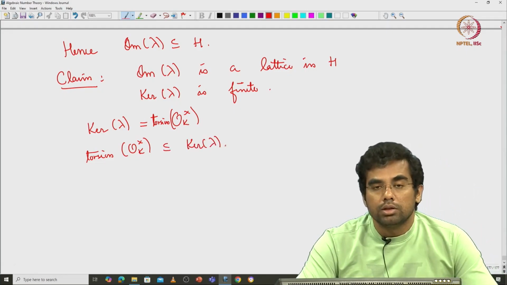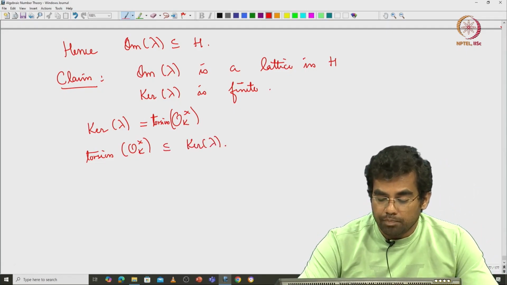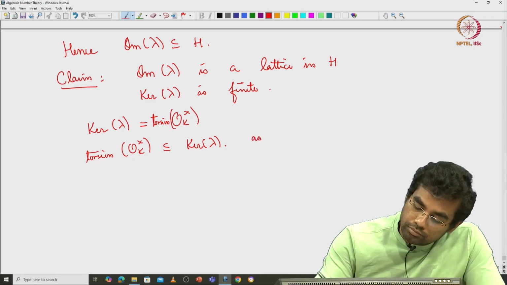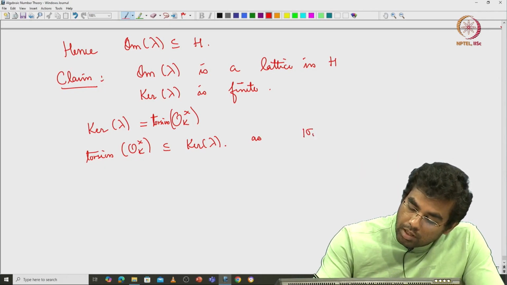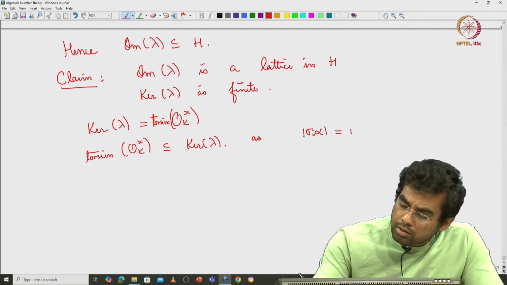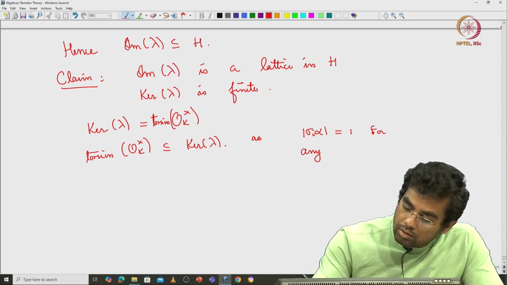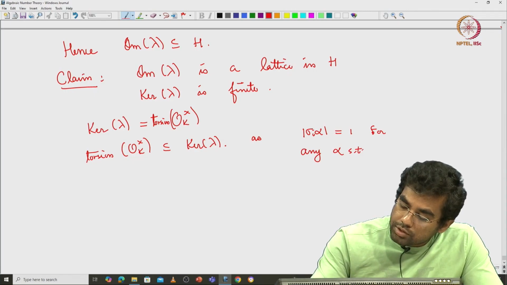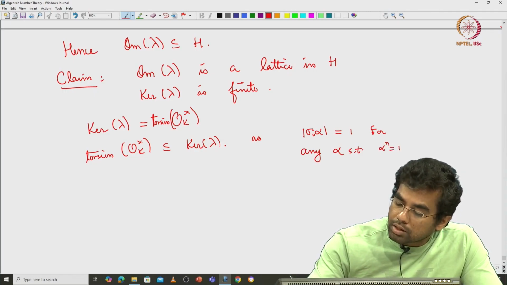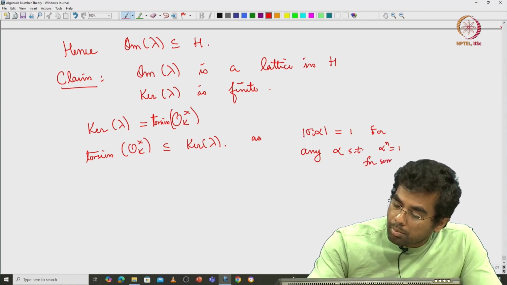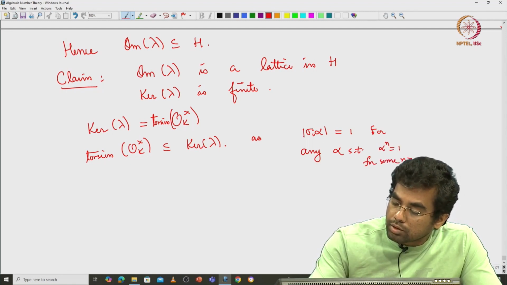This is because the mod of sigma I of alpha is equal to 1 for any alpha such that alpha to the n is equal to 1 for some n bigger than or equal to 1.